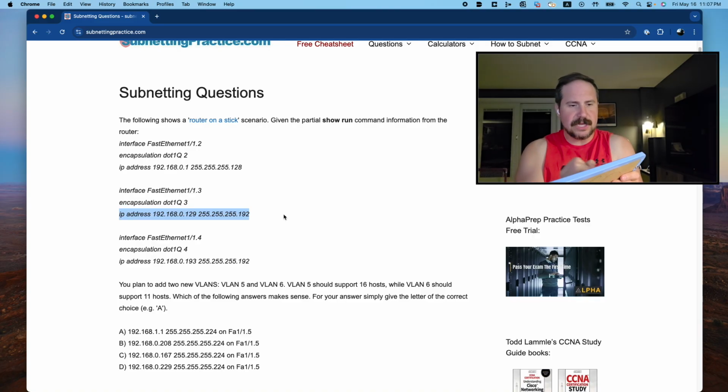So that means 2 tick marks down, 2 tick marks over, and that's going to give us a space of 64. So we're going to go from 129 to 129 plus 64. What is that? That's 193.